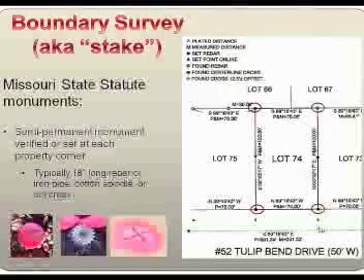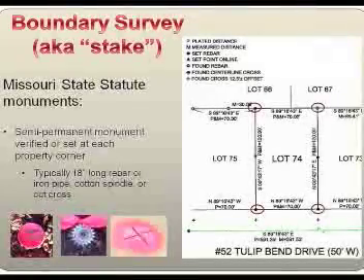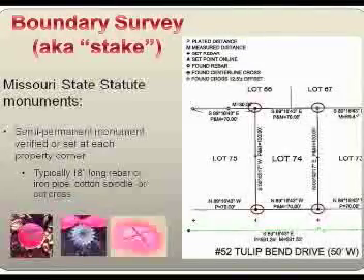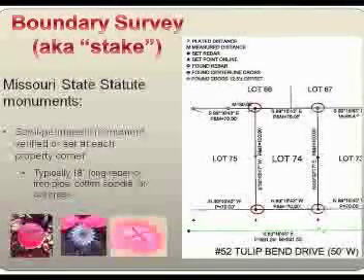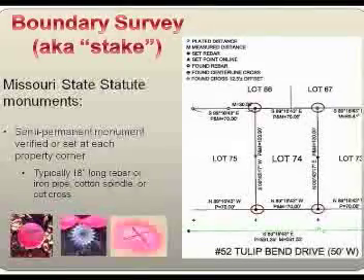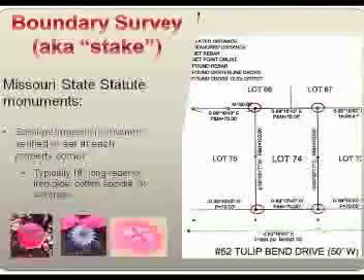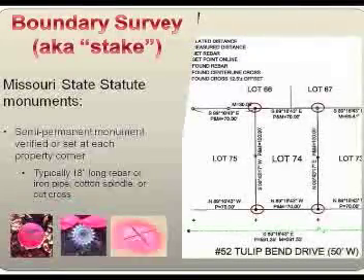All of these other monuments, these are all the information that we use to figure out where our lot is located. A boundary survey is like doing a giant puzzle, and you have to know where all the outside pieces of the puzzle go first before you can put that middle piece in. Well, that middle piece is our property. So we have to make sure that everybody around us is correct so that we can be correct.